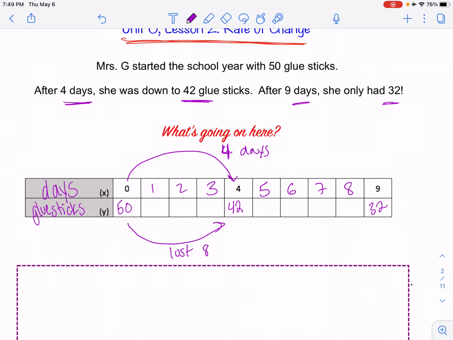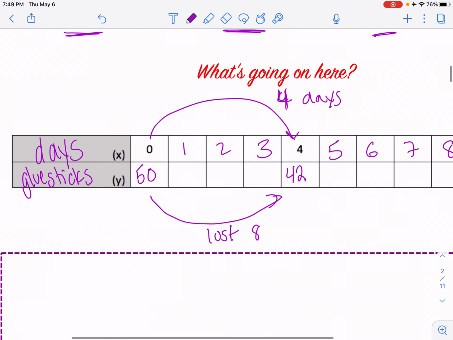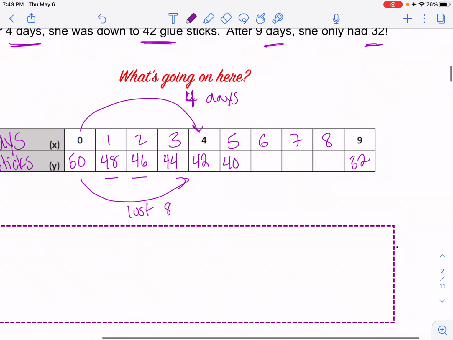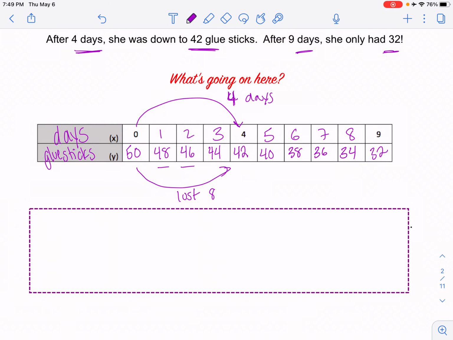So therefore, each day, I am losing 2. Hopefully you were able to figure this out. 48, then 46, then 44. Then 2 more is 40, and that should bring you perfectly down to 32.